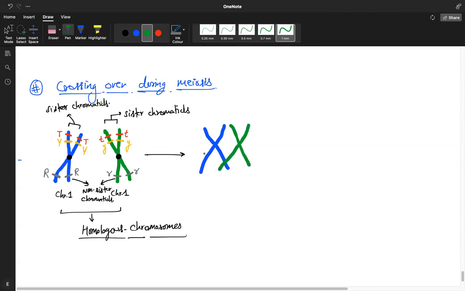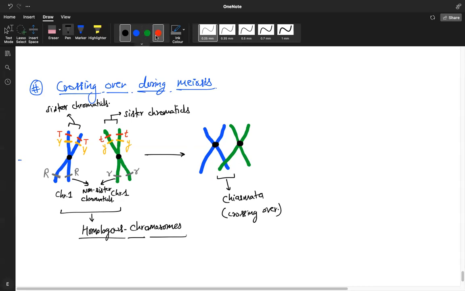They literally make this kind of a structure, which is called crossing over. Do you see this structure here? Yes. This is called chiasmata, or this is the actual event of crossing over of chromosomes. Physically, they are crossing over.